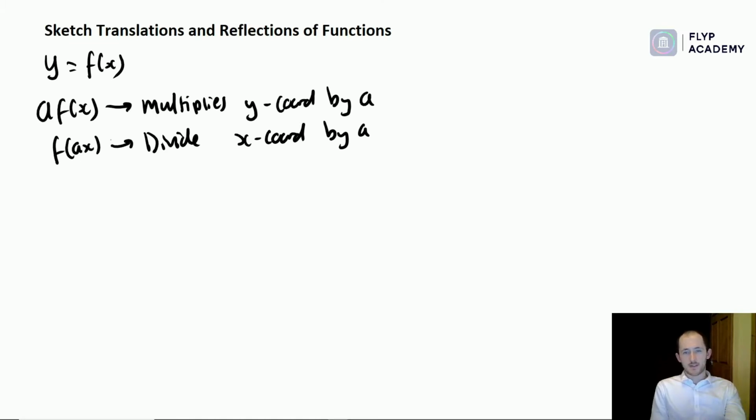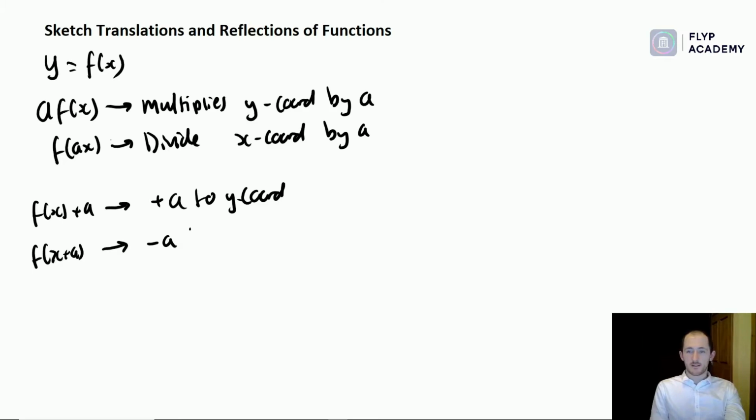And again if it's outside the bracket, so f of x plus a, you add a to y coords, and if it's inside the bracket, you again do the opposite.